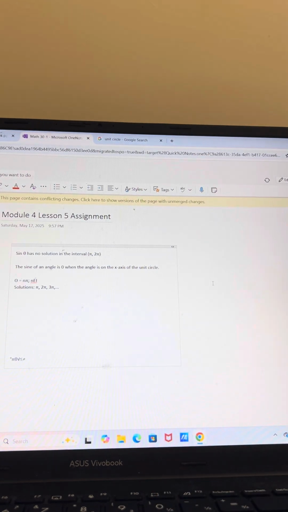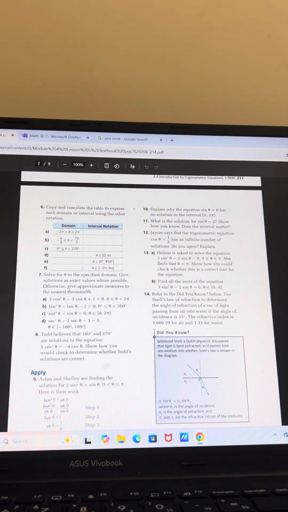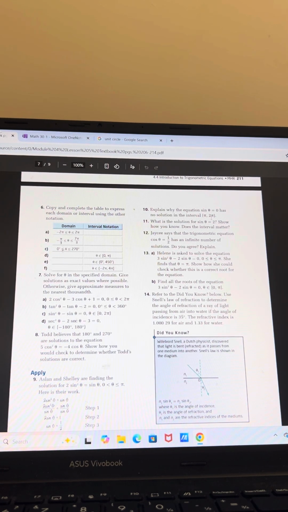So in this interval over here, we have open brackets, and open brackets mean that the interval starts just after the number here and ends just before the number here. So in this interval, the interval is going to start just after pi, and it's just going to end just before 2 pi. It doesn't include pi or 2 pi because it's an open interval. So let's write that down.